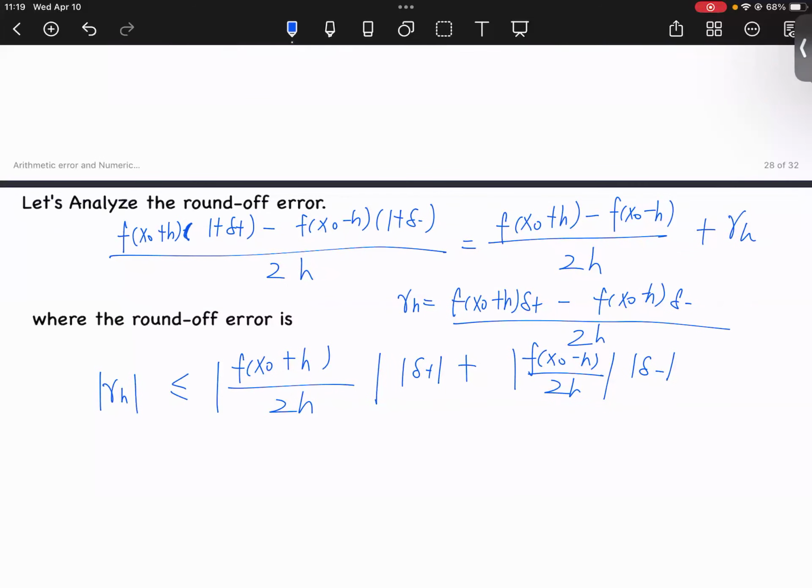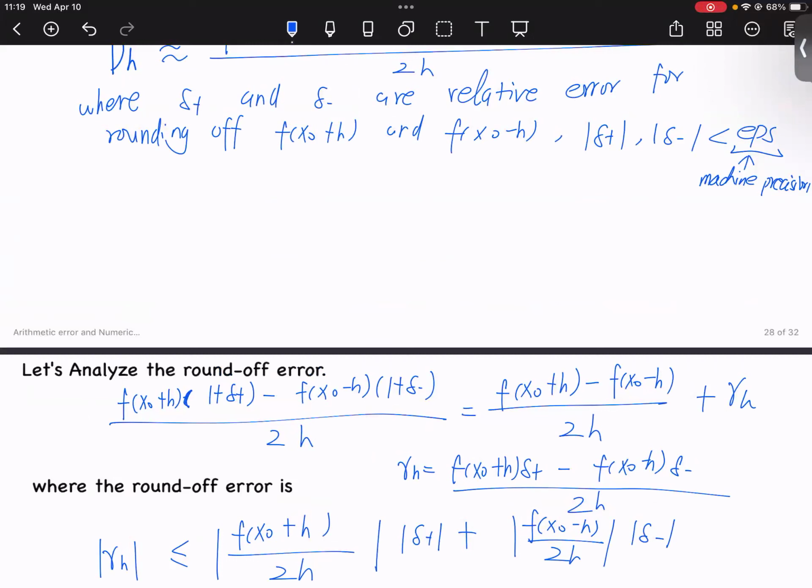And let's see, what do we have here? Don't forget that the rounding off error is smaller than the machine precision. So let's get the bound for this and for this, and they are both smaller than the epsilon here.